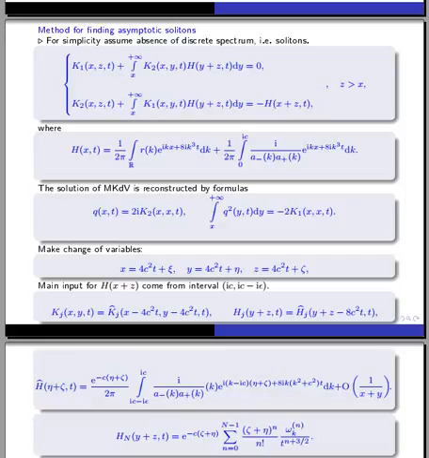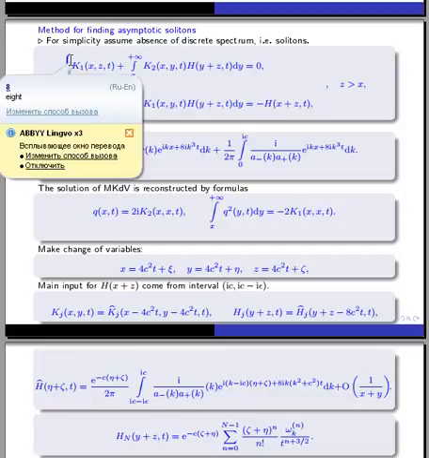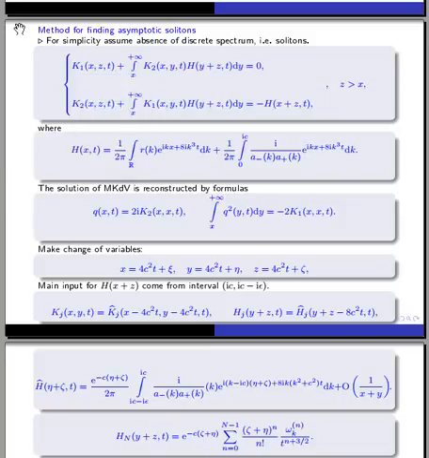So we integrate the reflection coefficient multiplied by some exponential over the continuous spectrum, and then the solution of the modified Korteweg-de Vries equation is reconstructed from the functions K1 and K2 in the following way. We are looking for them as functions of z, and we consider x and t as parameters.